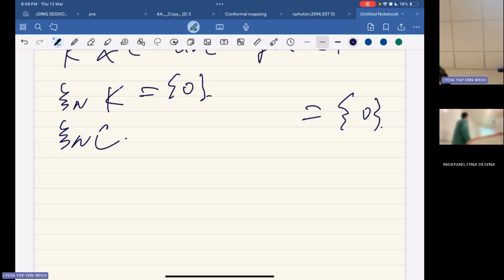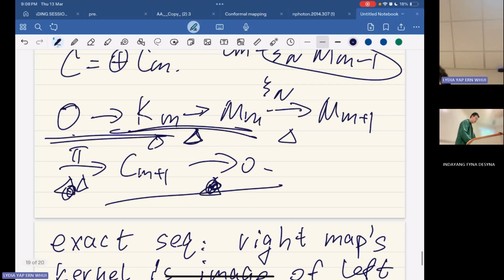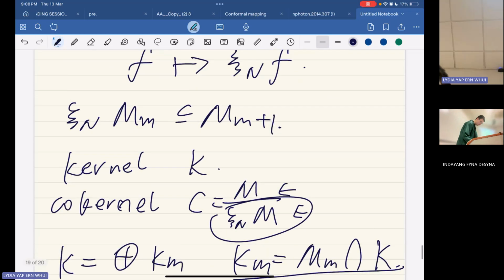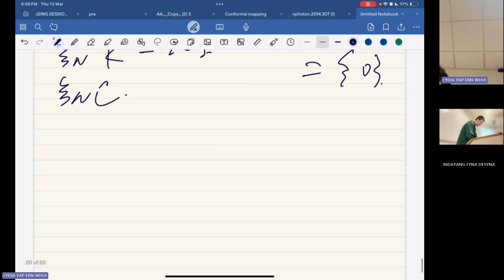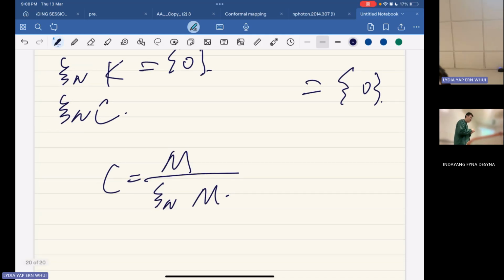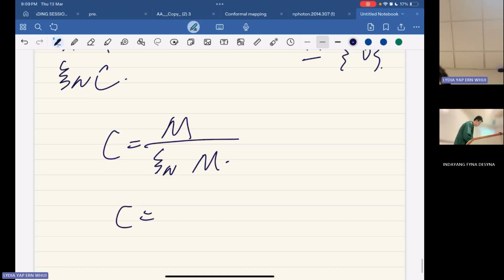And also, why is x_nC equal to 0? This is because, what is C? We define C as M quotient x_nM, right? So if we act on anything in C, its element should be an element c in M, and it should be its coset, c plus x_nM.